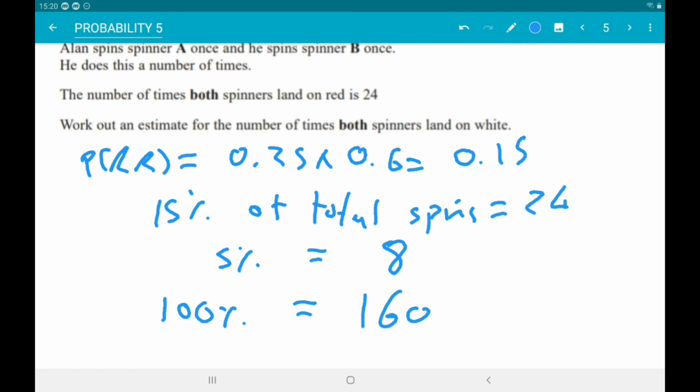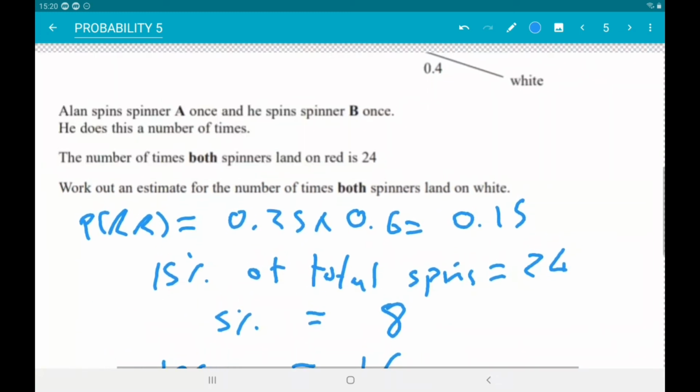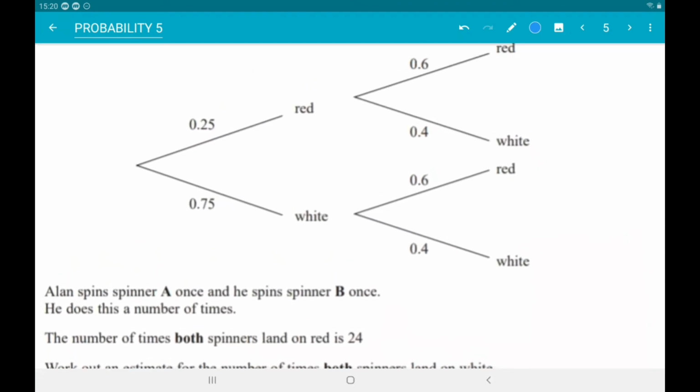Now we're going to work out the probability of white. So that is going to be 0.75 times 0.4.